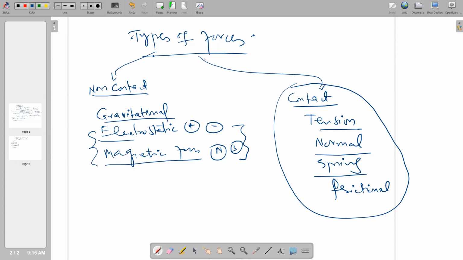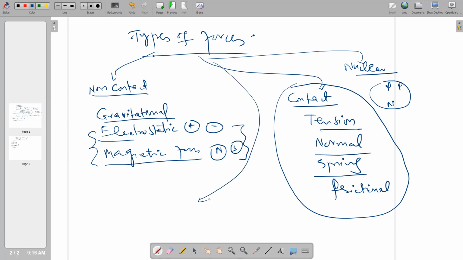Okay, other forces are nuclear forces. Nuclear forces mean if you have a nucleus in an atom, you know that there is a nucleus. The nucleus has protons and neutrons. Neutrons are neutral, but many protons exist in the nucleus. So between proton and proton, there is a force that is called nuclear force. And the last force is called weak force.